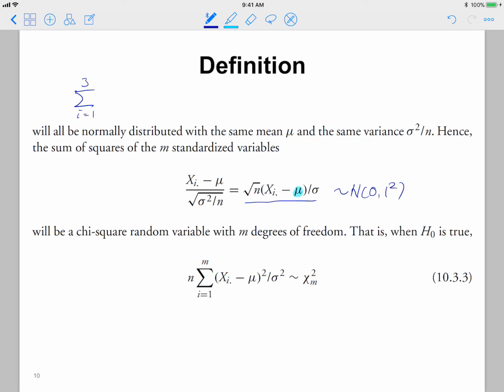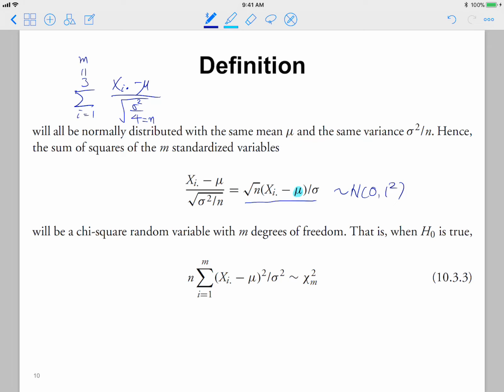So this will be m in our case, and xi dot, which is the sample mean of the i-th group, minus mu, over the square root of sigma squared over 4, where 4 is n.